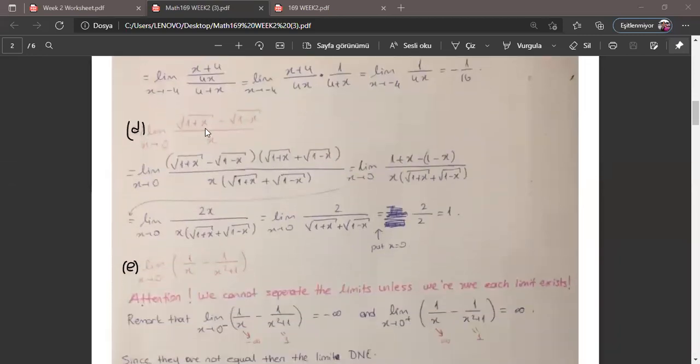Now for this limit, what do we do? We multiply it by its conjugate. So it means the same term with this one, but its sign is changing to plus. So here we multiply by its conjugate and divide by it again, because we need to have the same limit.